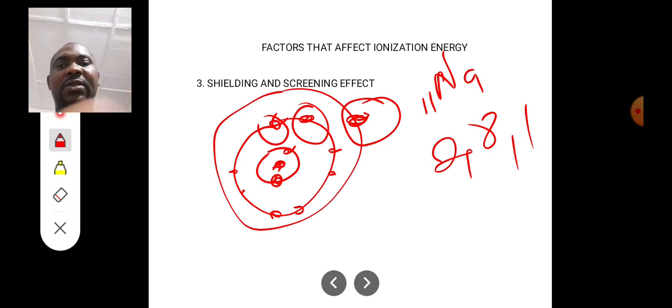Now that leads us to the next, which is stability of atom. Here we have our first 20 elements for a reason. It is known that elements that have stable electronic configuration have higher ionization energy than the element next to them in the periodic table.